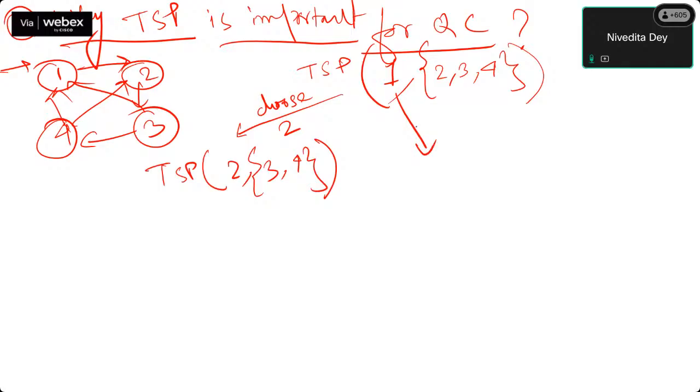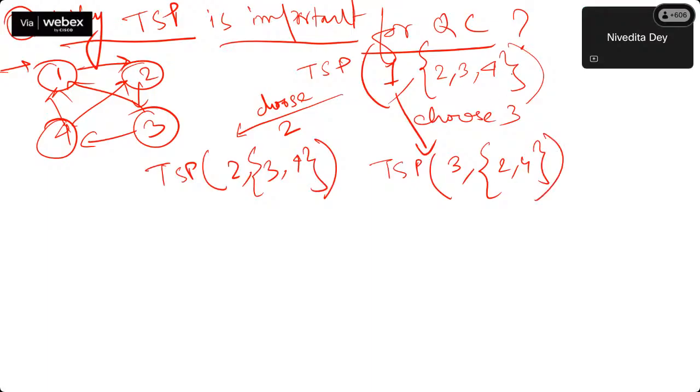Or let me choose 3. So it is TSP 3, comma 2, 4. Or let me choose 4. So it can be TSP 4, comma 2, 3.